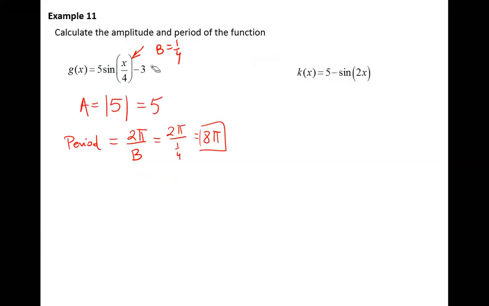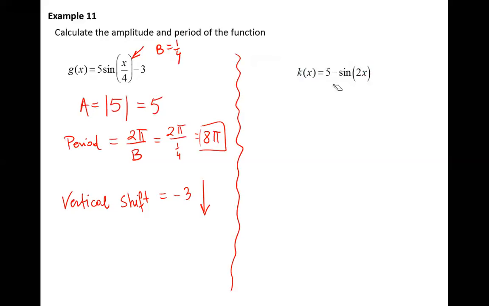And what does -3 mean? This will be a vertical shift. Of course, negative 3 means that we will go down. We will shift the entire sine function down. Okay, let's focus on this one.